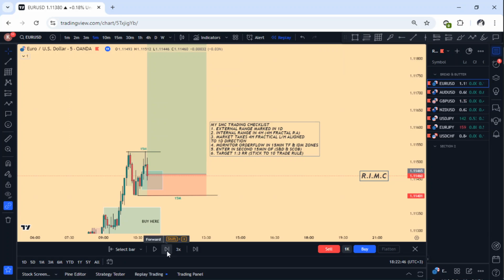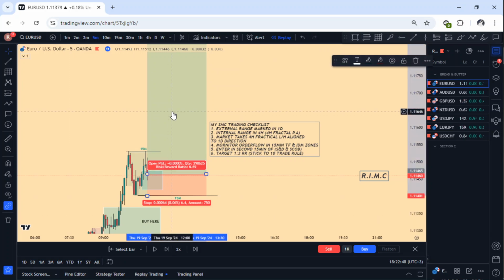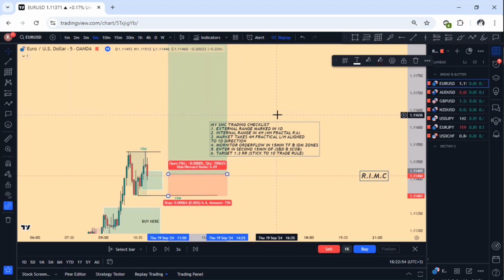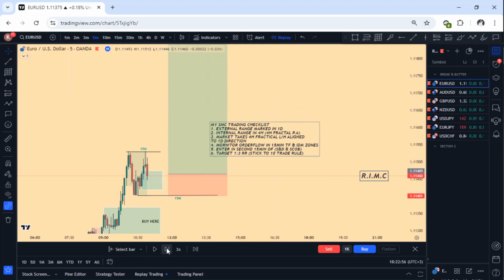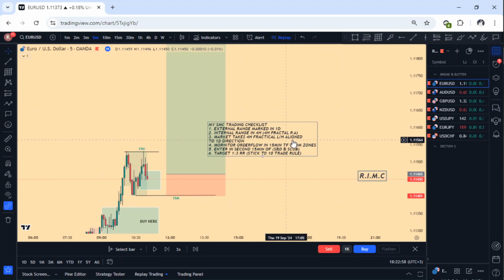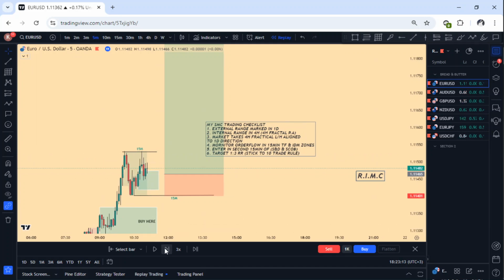So the right thing to do, I also break my own rules sometimes. So the right thing to do was to wait for the scob. After identifying this supply and demand zone, this is the zone, wait for the scob, so that for this to hold, I must see a scob that is intended to break this 5 minute scob, that is intended to break that high.